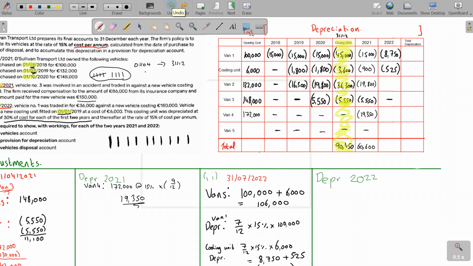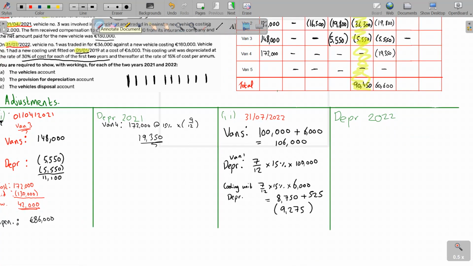That's 15,000 plus 15,000 plus 15,000 plus 15,000 plus 8,750. 68,750. For the cooling unit, 1,800 and 1,800, 900 and 525 is 5,025. So that added together is 73,750.